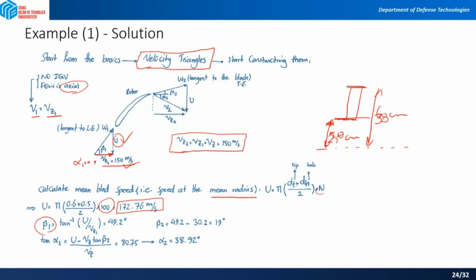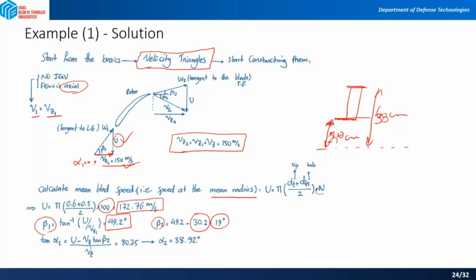It is tangent inverse of U over VZ, so your beta 1 is 49.2 degrees. Then your beta 2, as the question said, the air will turn 30.2 degrees, so your beta 2 will be 19 degrees.